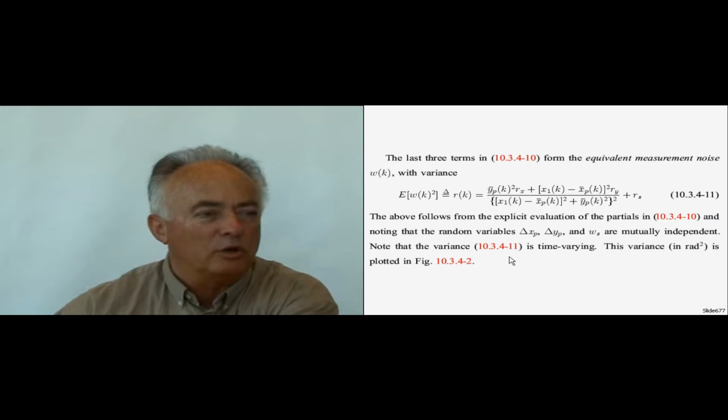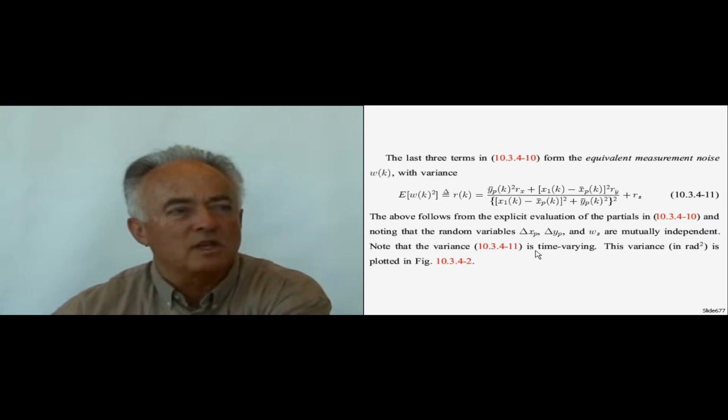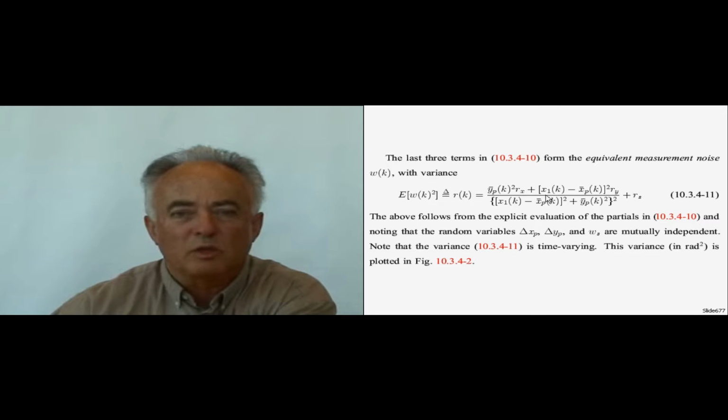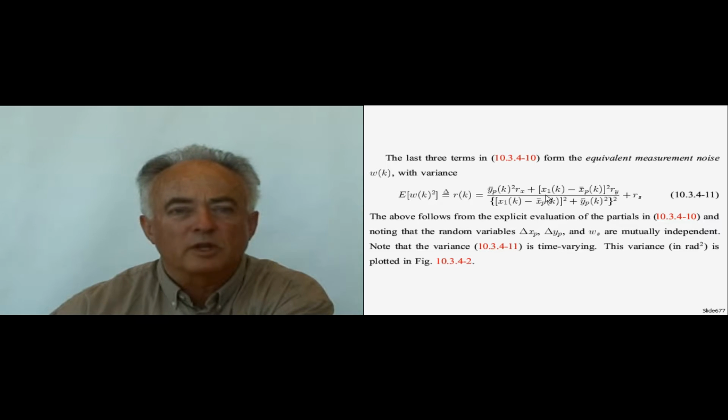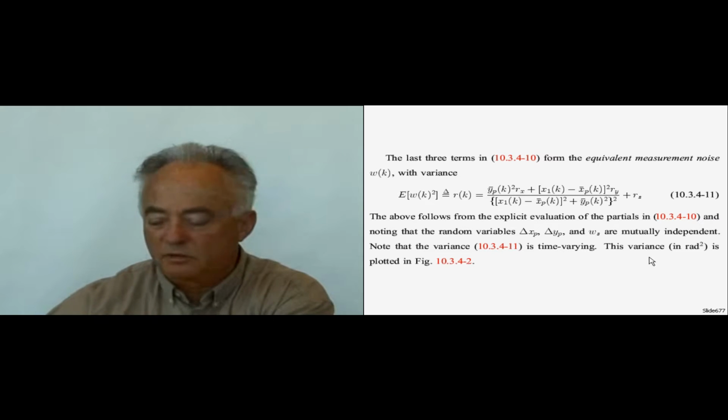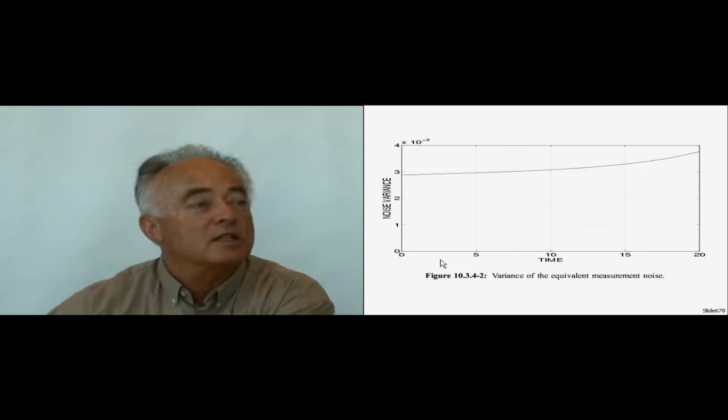One thing we can notice immediately: we have a time-varying variance depending on the relative location between the target and the platform. The variance of the equivalent or total measurement noise we have to work with is going to be time varying. And this variance in radians squared is plotted here, and you can see it's around 3 × 10⁻³ radians squared.